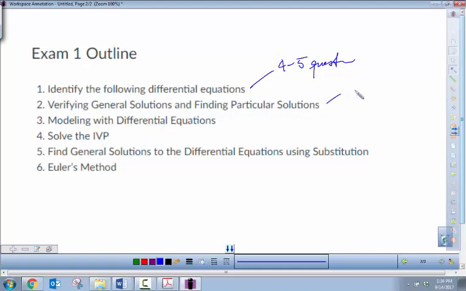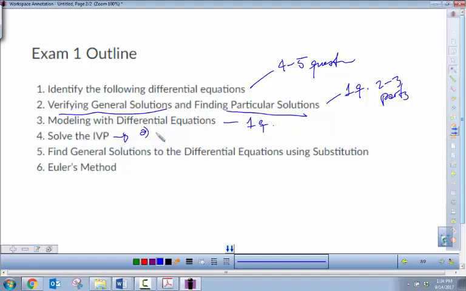This is one question with multiple parts. 3 parts. Yeah, so the general solution, check your general solution, and then particular solution, there's an initial condition involved. Modeling is just one question. Solve for the IVP.